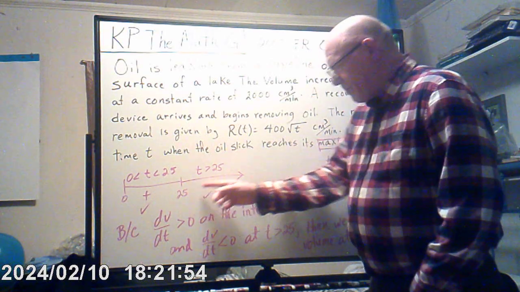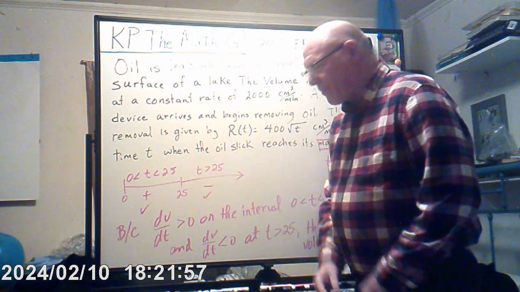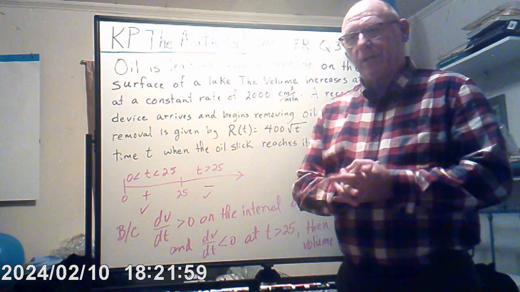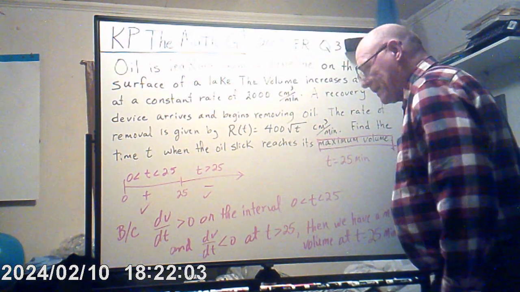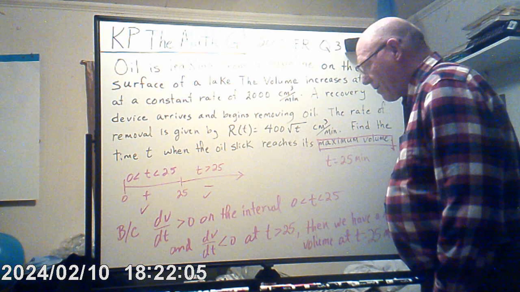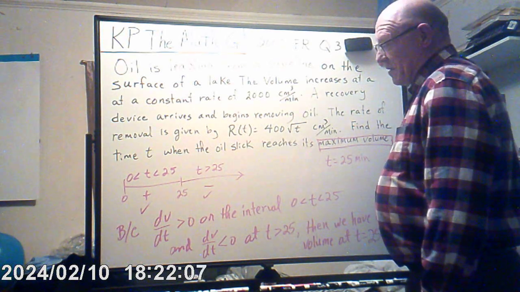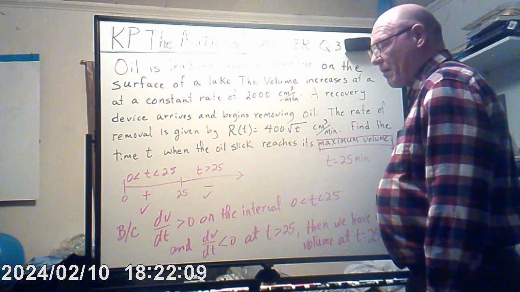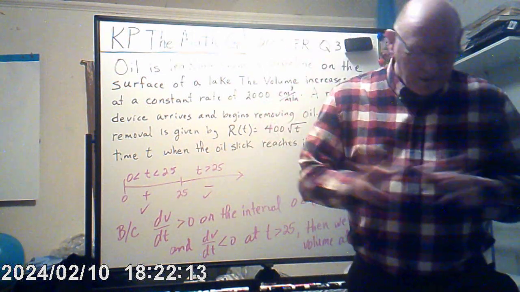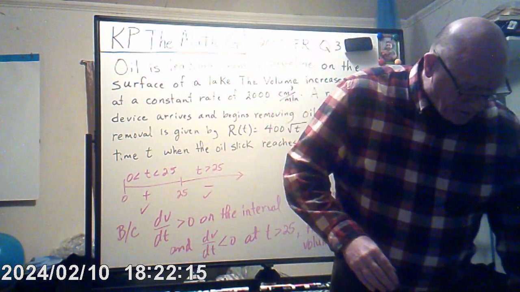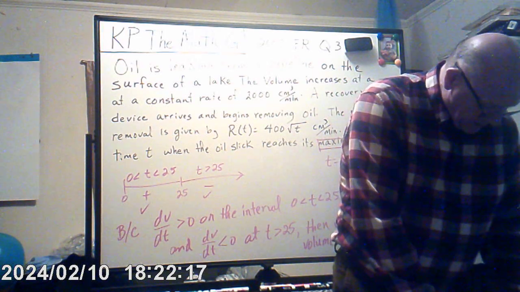You just have numbers beyond 25. That's really what you want to do: when is this a max? It reaches a maximum. All right, that is the second part of the problem.